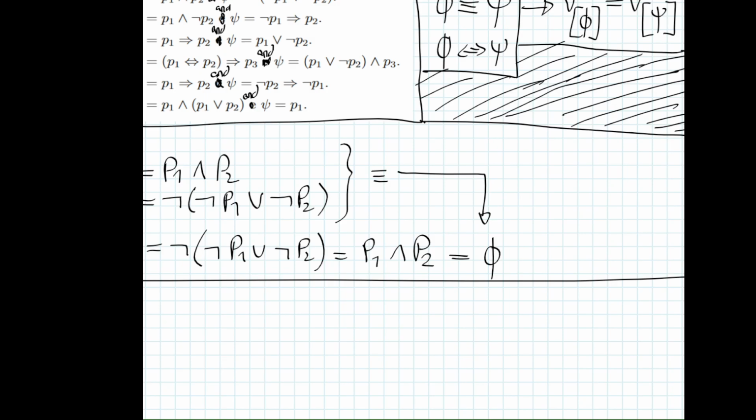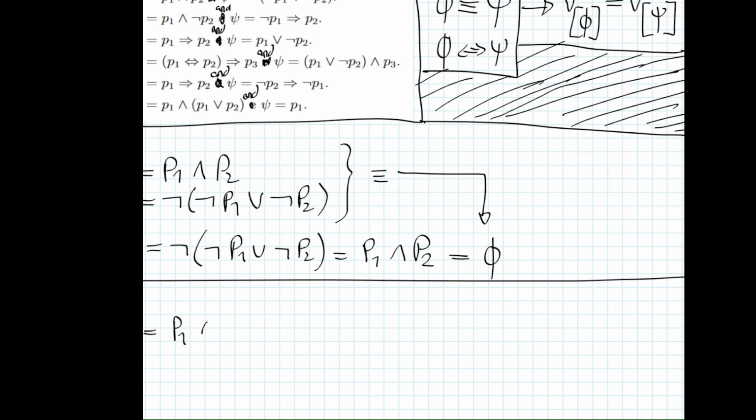Part B, and we got phi equals P1, and let me be more civilized with my method of writing.